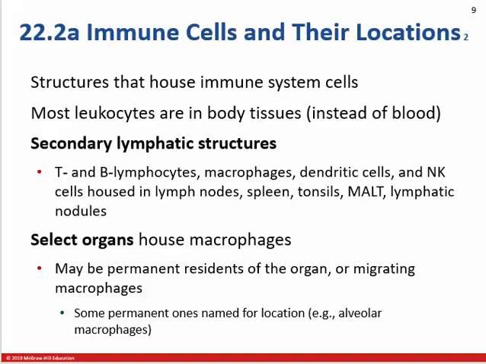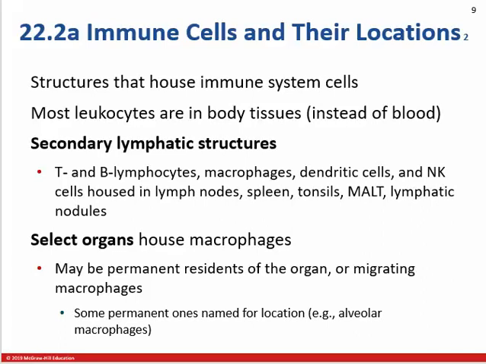I brought it up in the last video, but lymphatic tissue is reticular connective tissue, and they really house, in spaces within the body tissues with open space, these lymphocytes and these macrophages.